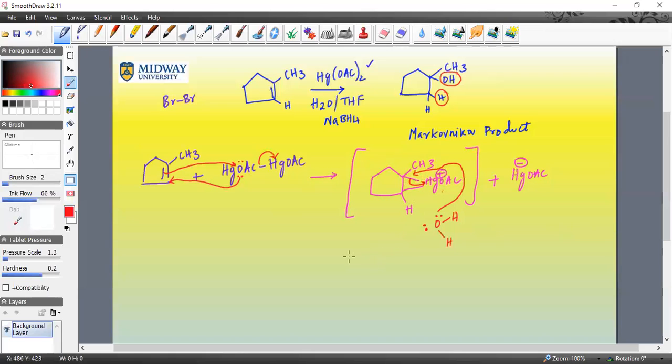So what happens in the process is, let's go get another color. Okay, so I'm just going to put the arrow because there's not enough space here. Okay, so you have your CH3 and then you have your OH.